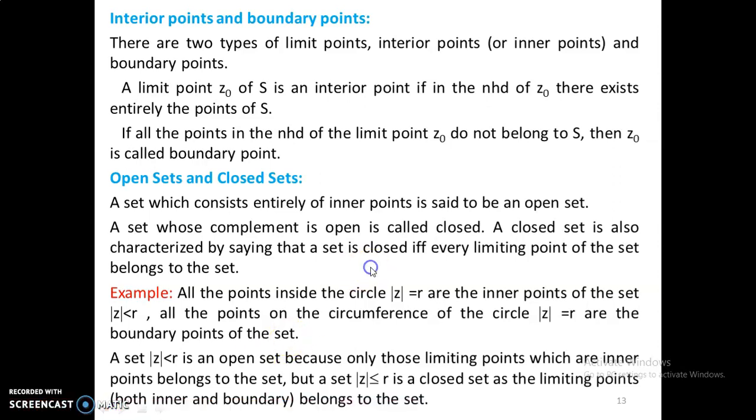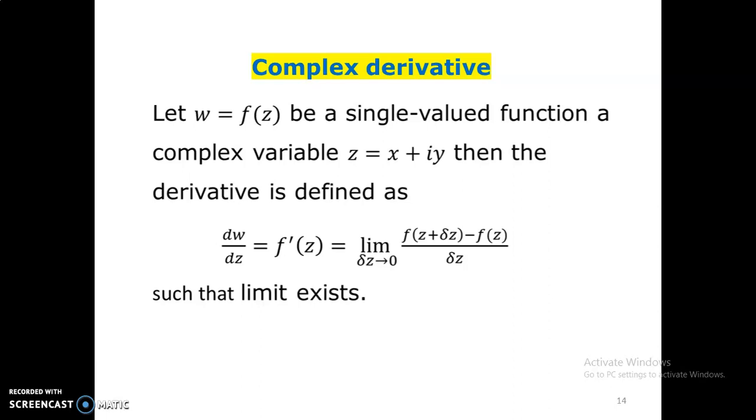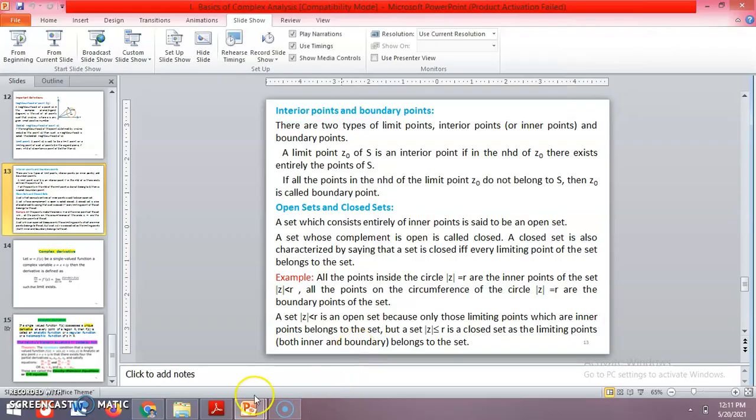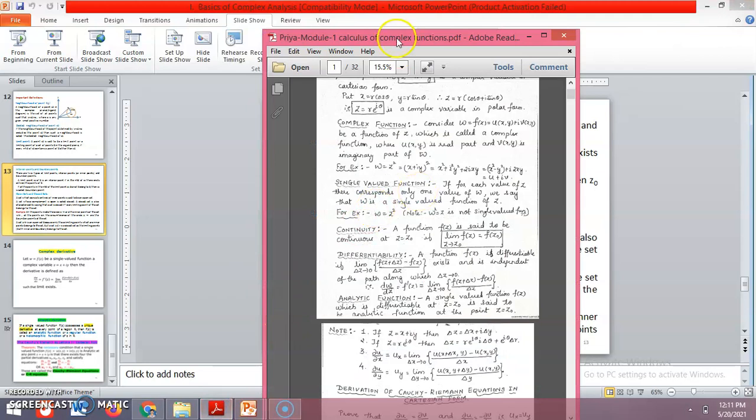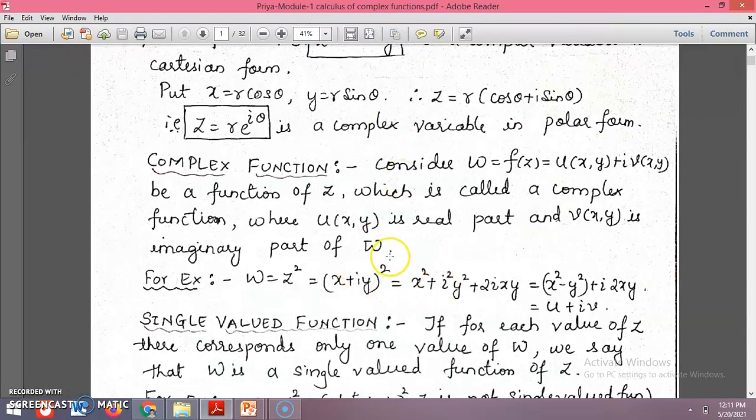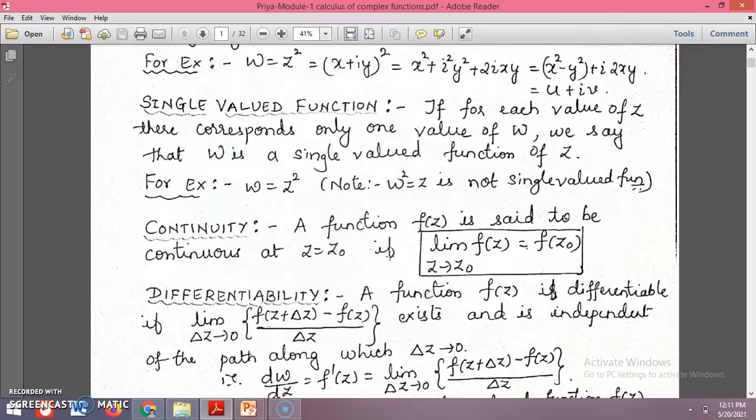Now let us see the complex derivative. Before the derivative, for a complex function we know continuity: a function f(z) is said to be continuous at z0 if the limit of f(z) as z approaches z0 is f(z0) itself. That means if you take any function, it is continuous only if the limit as the variable approaches that point is equal to the functional value at that point.